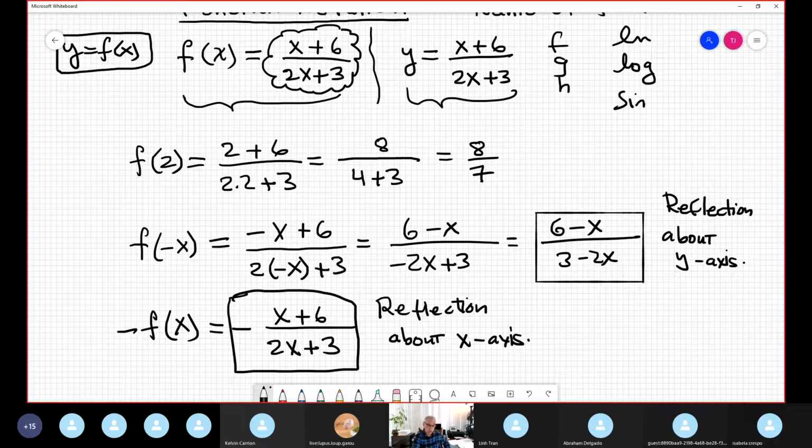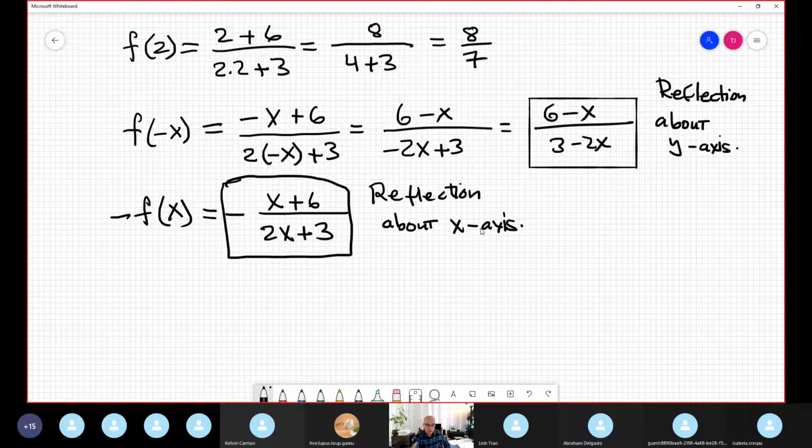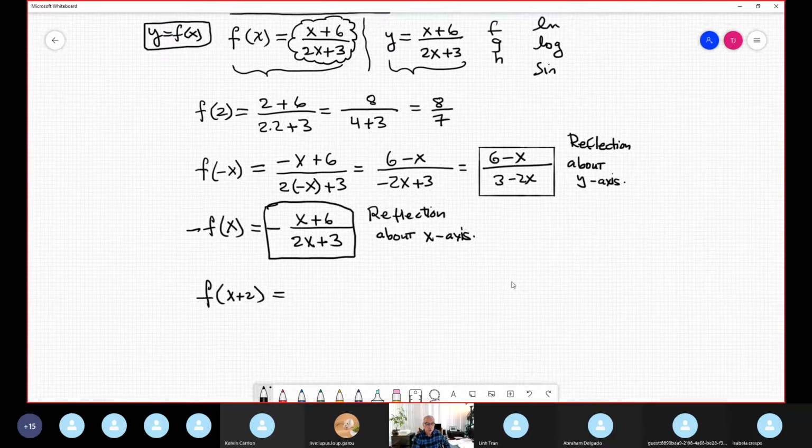And that's it. Now we can do, for example, a translation, maybe horizontal or vertical. Let me try horizontal. Suppose f evaluated at x plus 2. This is a combination of variable and number. It's super easy, because the only thing you should do is replace the original x by x plus 2.